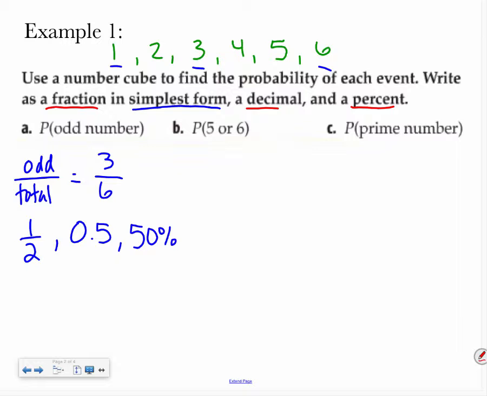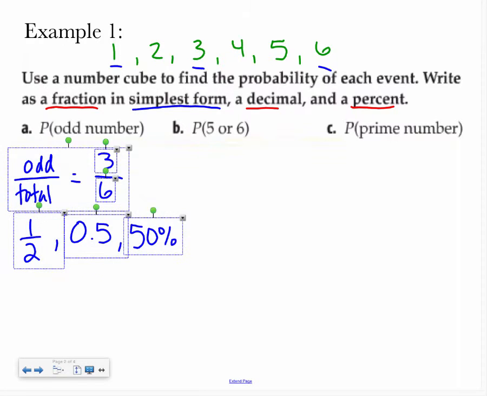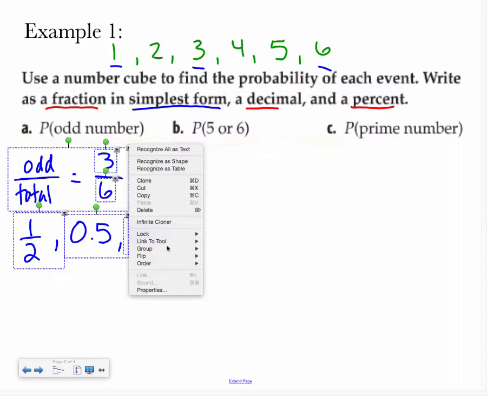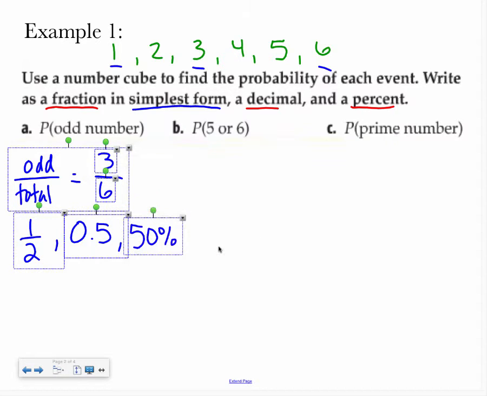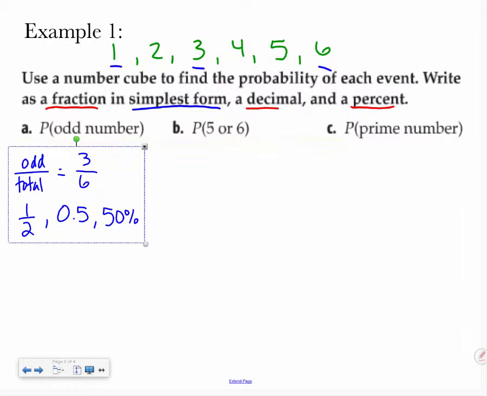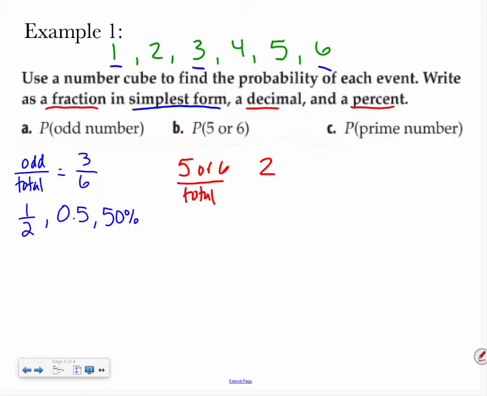What about the probability of rolling a 5 or a 6? Again, we want to list the possible number of outcomes. So we want 5 or 6 over total. In this instance, that's 2 possible outcomes because we want a 5 or a 6. That's 2 out of the 6, which if you reduce 2/6 to a fraction in simplest form becomes 1/3, which as a decimal is 0.3 repeating.